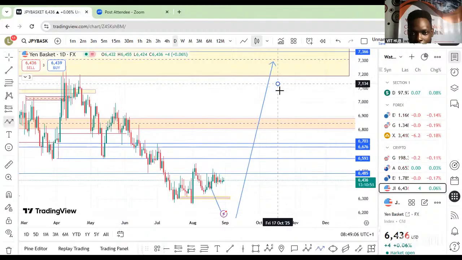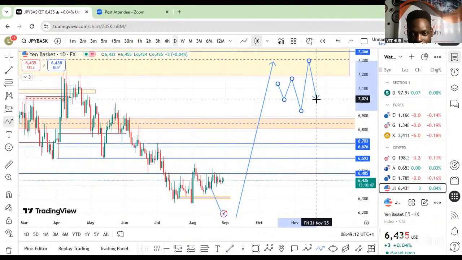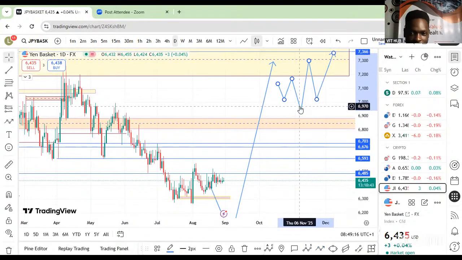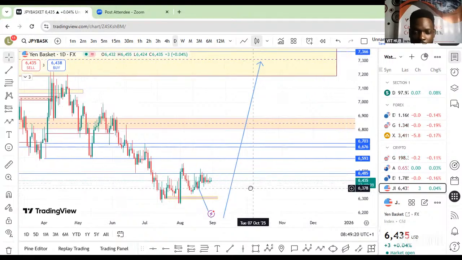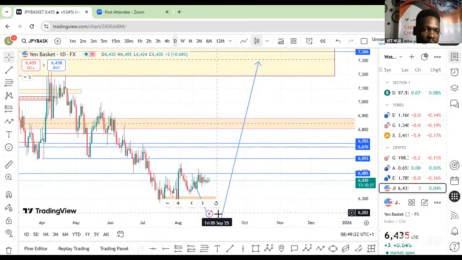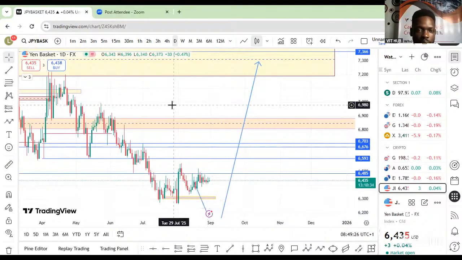Then we can easily start buying and continue that way, right? But since it's not really giving that look here, our expectation still remains a sell of the yen basket all the way to the downside, particularly to the weekly reference point.